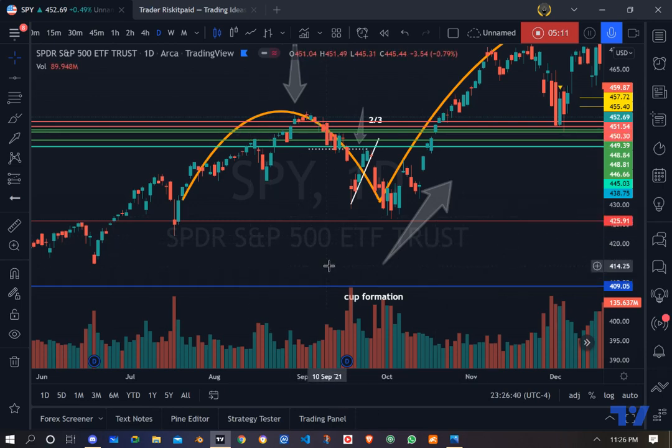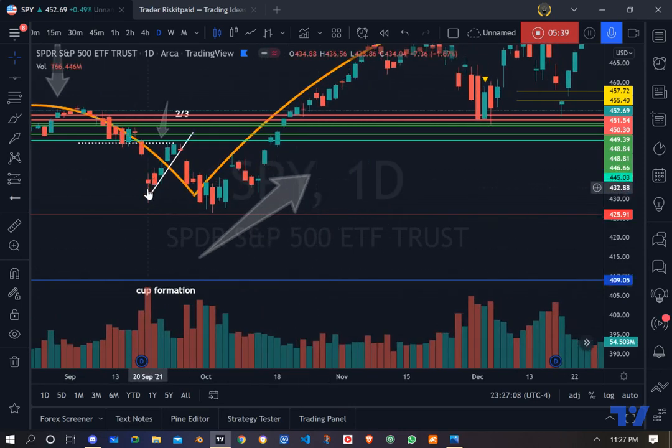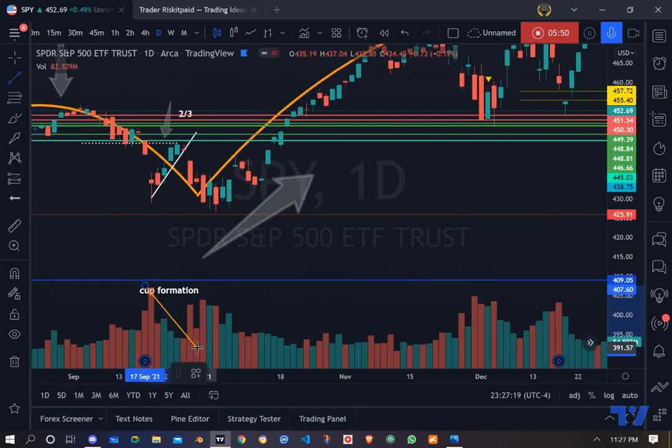One thing with a cup and handle is when the handle forms, it's marked by a decrease in volume but an increase in price, or an increase in volume and a decrease in price, if I'm not mistaken. Right here, we can see this handle is an increase in price, but the volume at that time decreased.